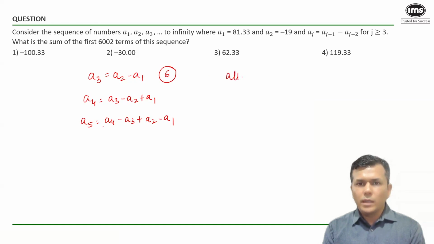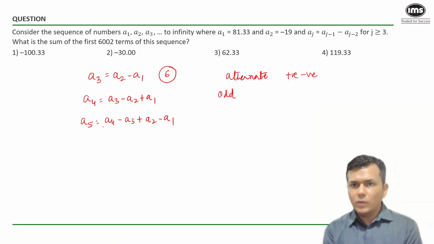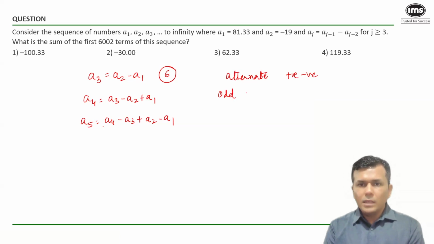So if your alternate terms are positive, negative, and if you have, let's say, an odd number of terms including both sides, left as well as right, in that case, the length of the cycle is 2n.